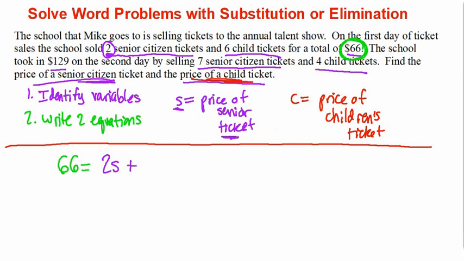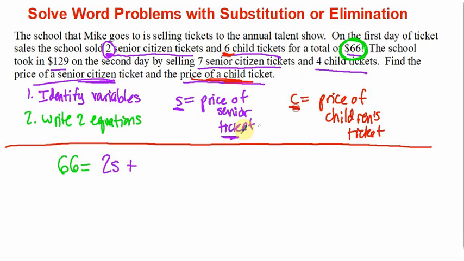So hopefully that makes sense. If not, give it some thought. Okay. Same idea. If we sell 6 child tickets, if we sold $1 for each ticket, it would be 6 times 1, or $6. If we sold 6 tickets at $2 each, it would be 6 times 2, $12. If we sold 6 tickets at $3 each, 6 times 3.